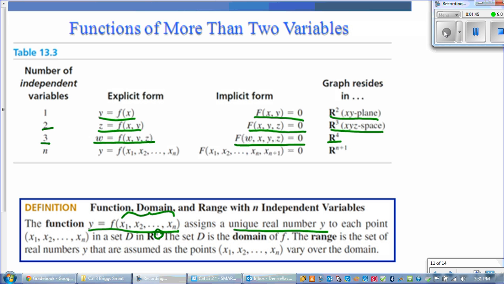If it's n, the domain is a subset of Rn. The range is just the set of all real numbers, the values that y has. And if you were graphing it, you would have x1, x2 up to xn, comma y, and that would be graphed in R of n plus 1, the n plus 1 space.